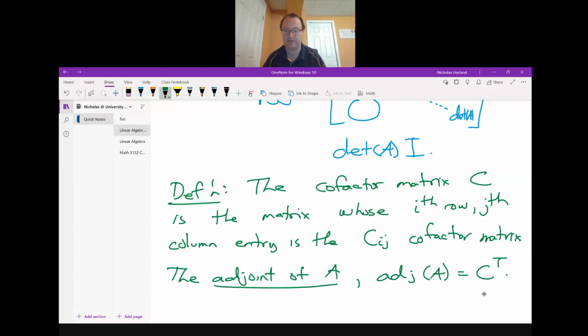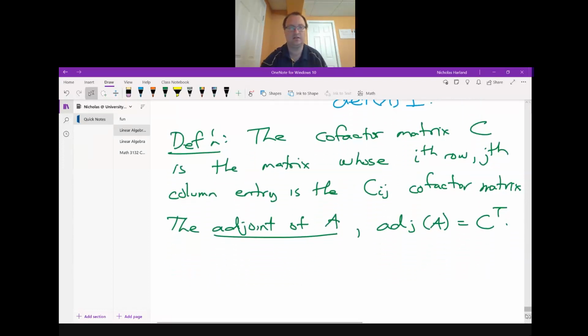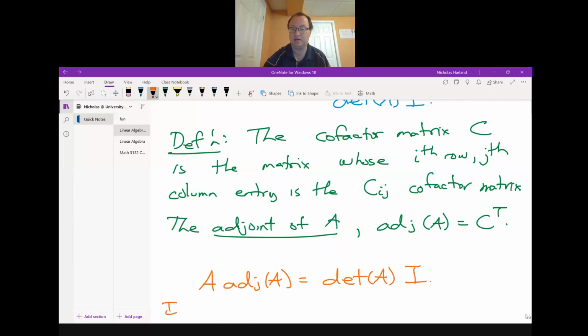And the whole purpose of this adjoint, at least for us, is this property that A times the adjoint of A is equal to the determinant of A times I. And if the determinant is non-zero, that says A inverse, well, that would be A times something, so we need to divide by the determinant.